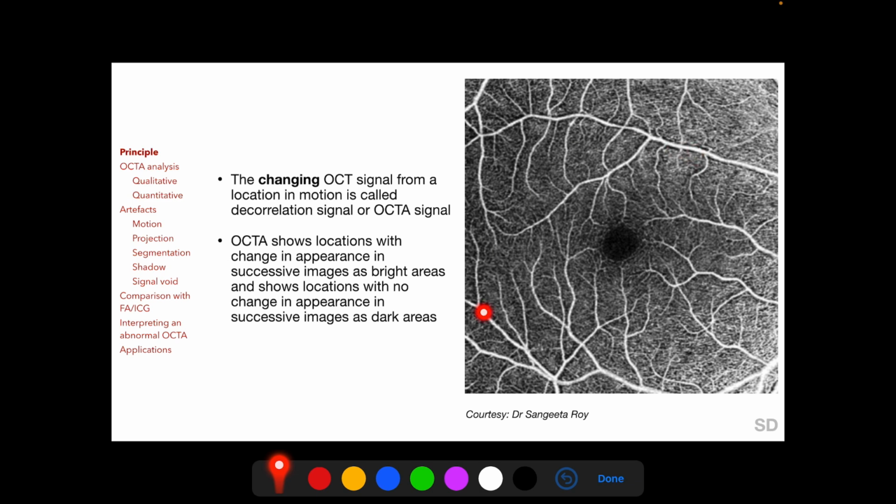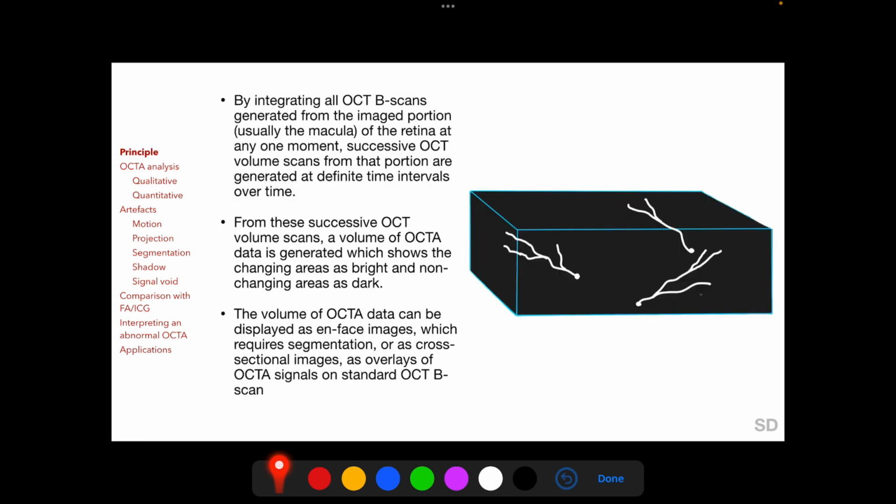So in the OCTA image, the bright areas represent locations where there is a temporal change in the character of the reflected OCT signal and do not represent the reflectivity of the tissue as standard OCT does. And this is very basic to the understanding of OCTA. By integrating all OCT B-scans generated from the imaged portion of the retina at any one moment, successive OCT volume scans from that portion are generated at definite time intervals over time.